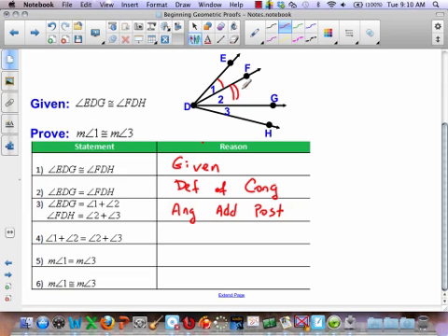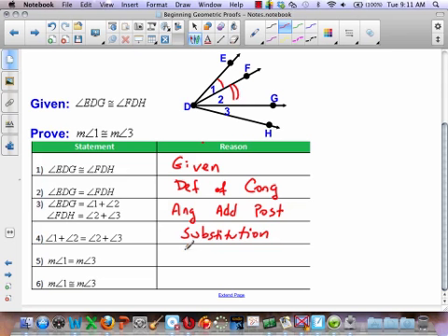Number 4. Blake. That's substitution. Keanu. Number 5. Angle addition postulate? No, take a closer look at it. What changes from line 4 to line 5?